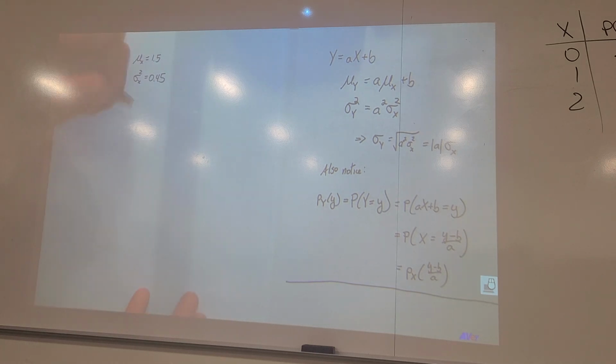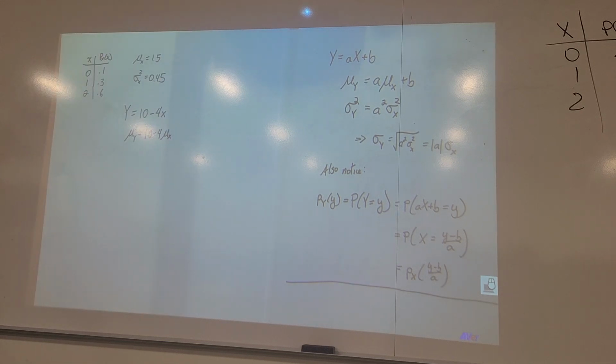If we said y is equal to, it really doesn't matter, 10 minus 4x, well, then the mean of this y is 10 minus 4 times the mean of x.